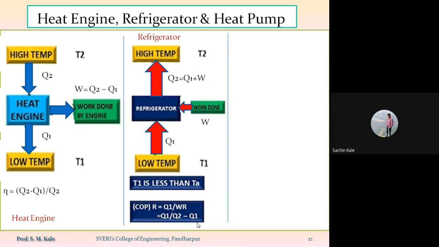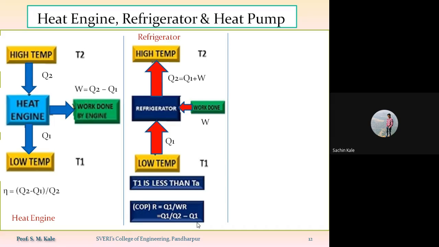Who will tell the exact difference? Abhishek Shinde, unmute yourself and tell. It is a device to transfer heat from colder area to hotter area by using mechanical energy. In case of refrigerator also, we are doing the same.